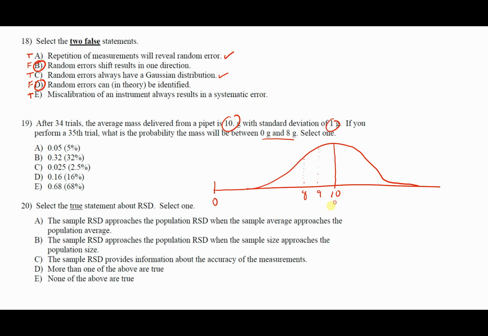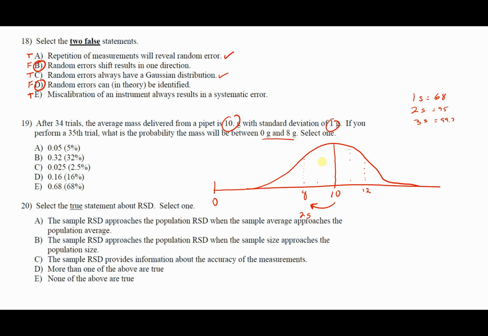Our standard deviation is 1. So 8 is 2 standard deviations away, right? So 2 sigma. So I'm just going to erase 9 for now, right? And this is 2 S, well, it's actually S because it's a trial. Okay. So we know for 1 S, 68% is in between. For 2S, it's 95, and for 3S, it's 99.7.